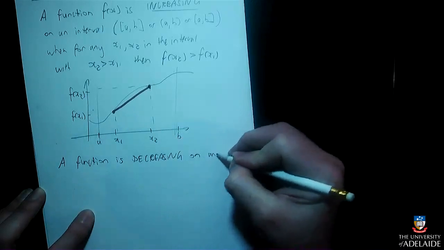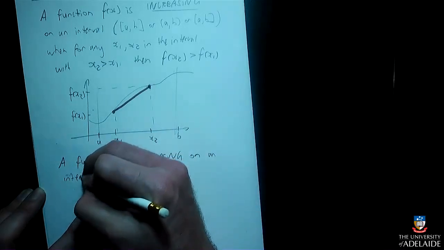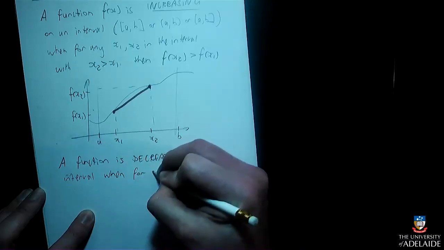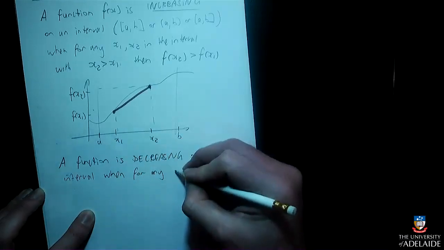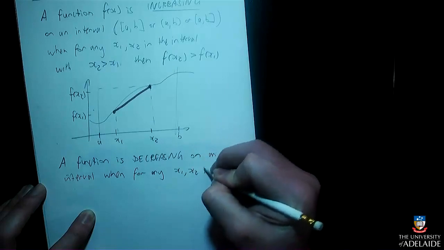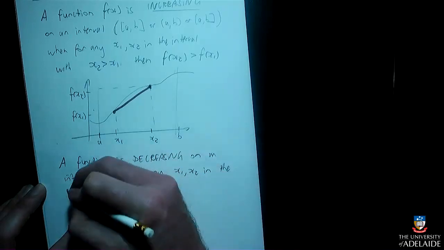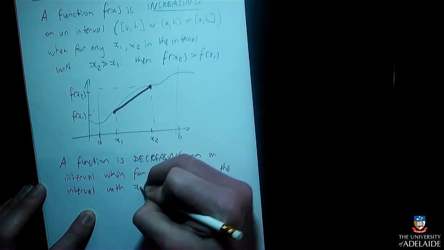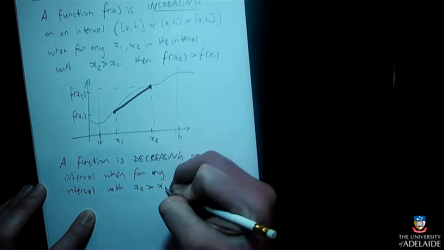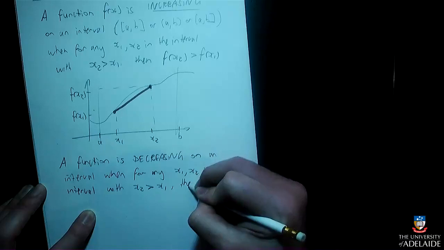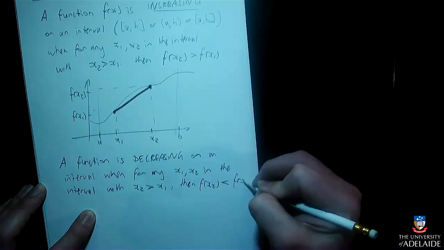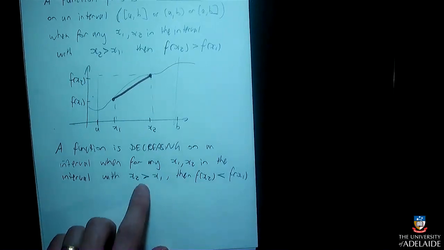And a function is decreasing on an interval when for any x1 and x2 in the interval, with the x2 being further along than the x1, then f of x2 is less than f of x1. So as the x moves forward, the y moves down.